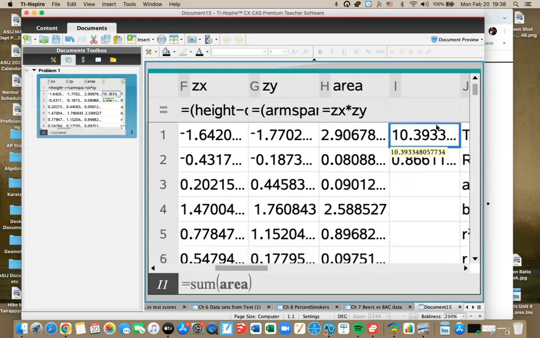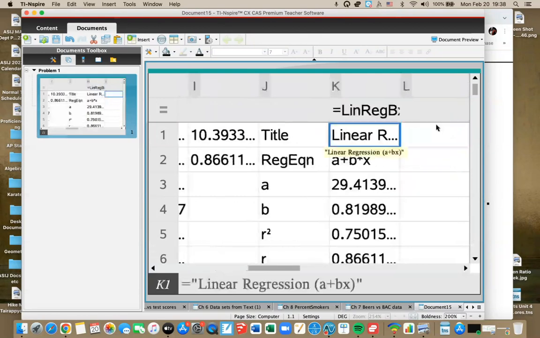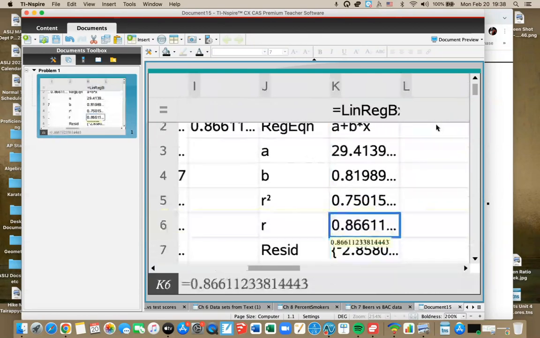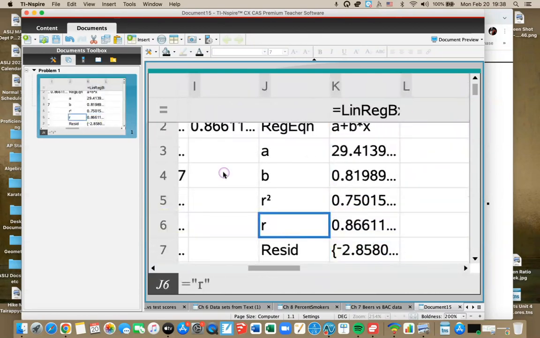Check your work, check your answers, and play around with it. We're not going to make you do this whole thing on a test, but it's good for depth of understanding. So now, when we ask you a question about r, it'll be easier to answer because you understand that it comes from z-scores, it works like slope, it comes from areas, all those things.